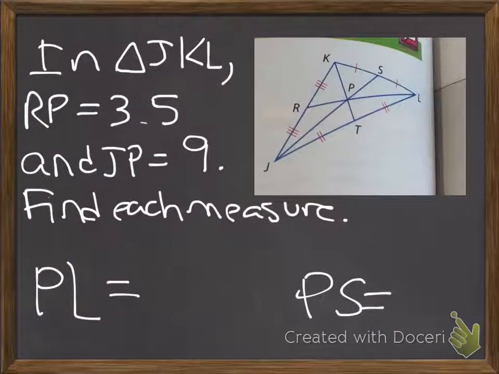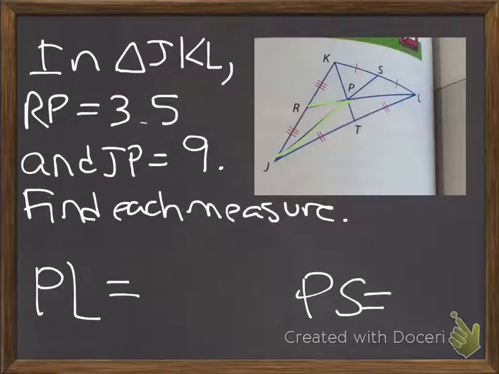Now you have triangle JKL. This time it gives us RP is 3.5, and JP is 9. So what that tells me is that RP is 1/3 of RL, and JP is 2/3 of JS.